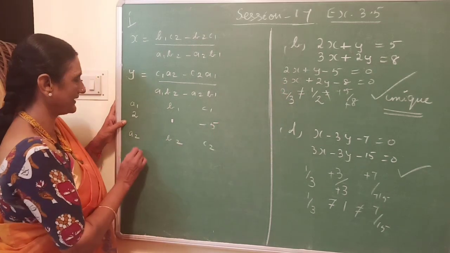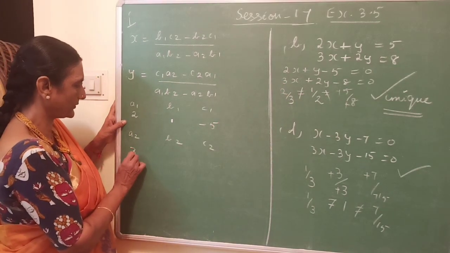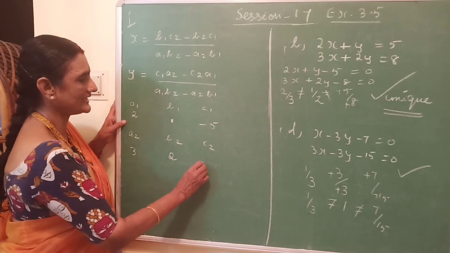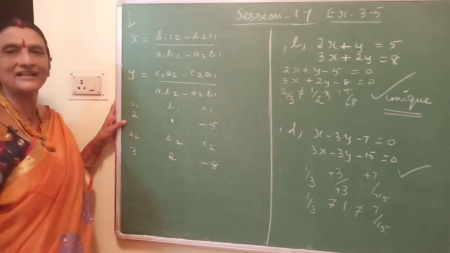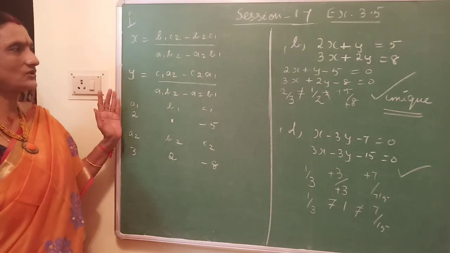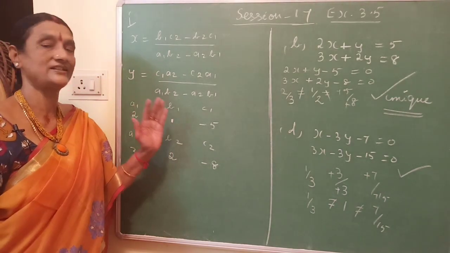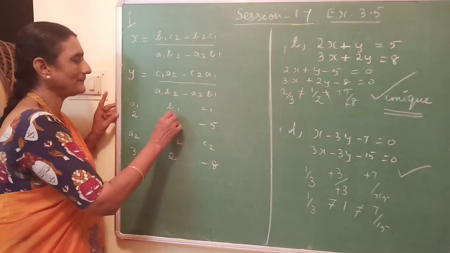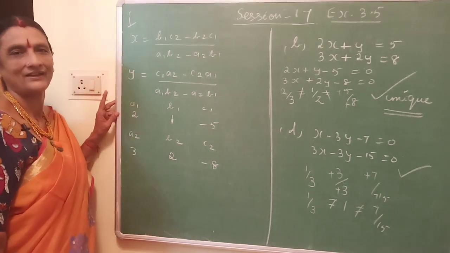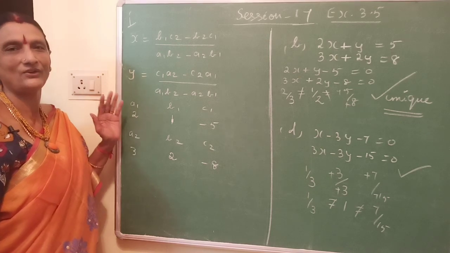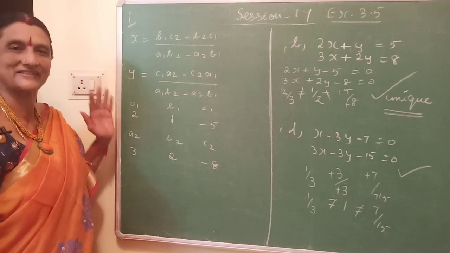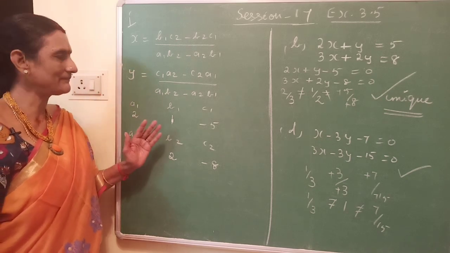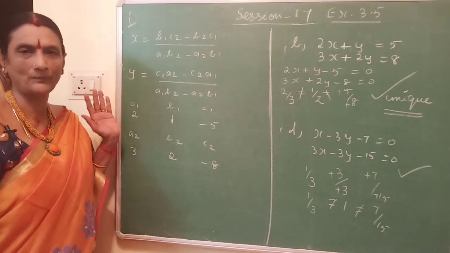Refer this equation and write A2 is equal to 3, B2 is equal to 2 and C2 is equal to minus 8. That's all. Okay, so we have to separately write the coefficients like this. Why am I insisting you do this? Your mistakes are minimum when you do like this. You won't make mistakes. You have to assign the numbers for each column correctly and then proceed further.